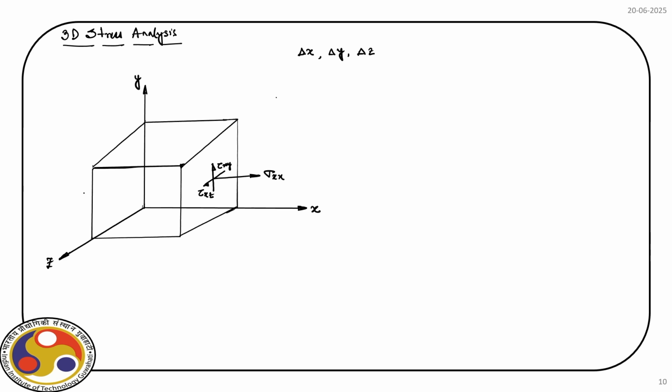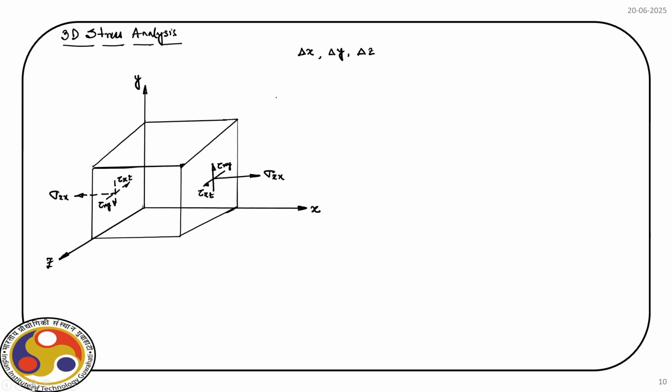And on this face we have sigma xx, then this is tau xy and this one is tau xz.